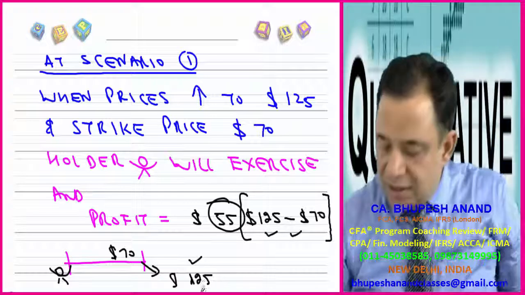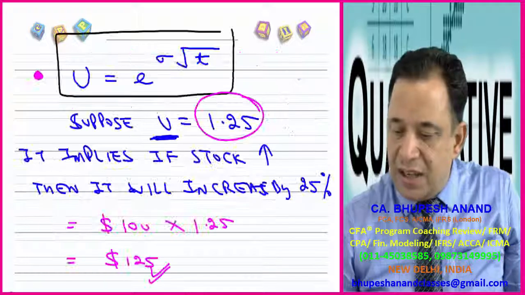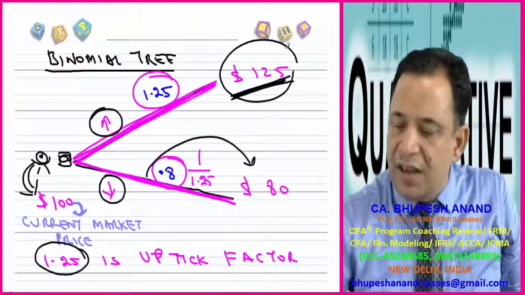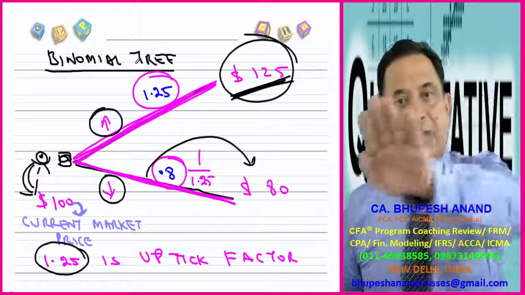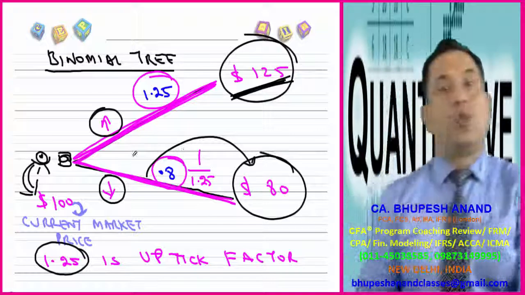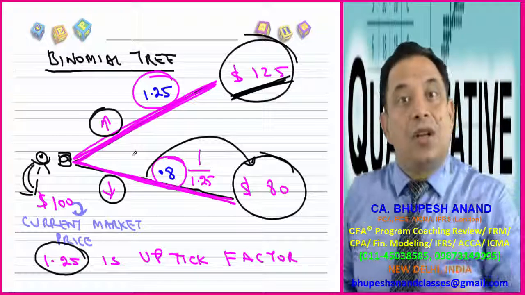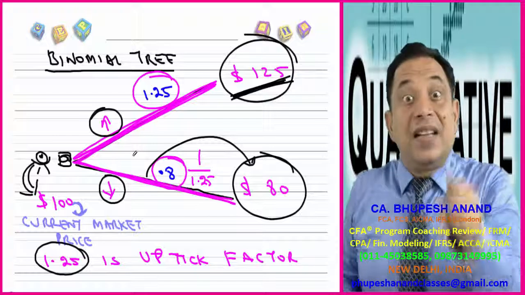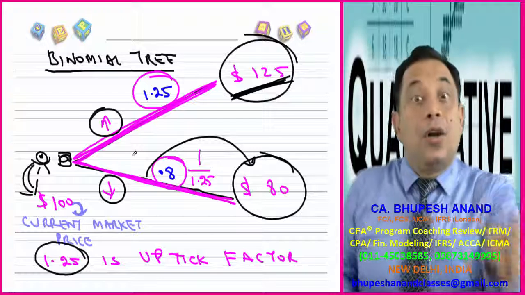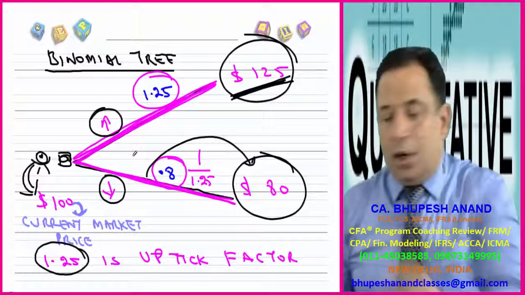So in this scenario, if the price increases, then you have a profit of $55. Similarly, if the price decreases to $80, then also you will exercise it, because the strike price is $70. It is a case of call in the money, because you will opt for it, you will have a profit of $10.